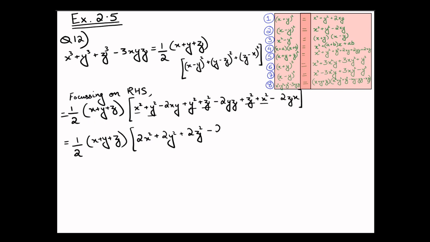And then I have minus 2xy minus 2yz and minus 2zx. These three terms as is. Considered all the terms. Now all of these terms have 2 as common, which I can take out of the bracket.